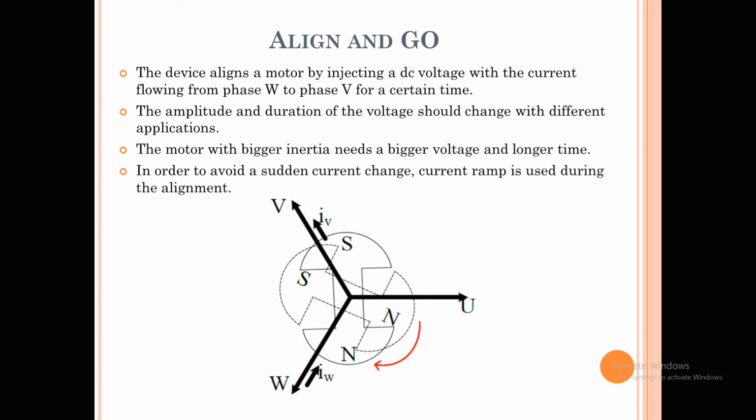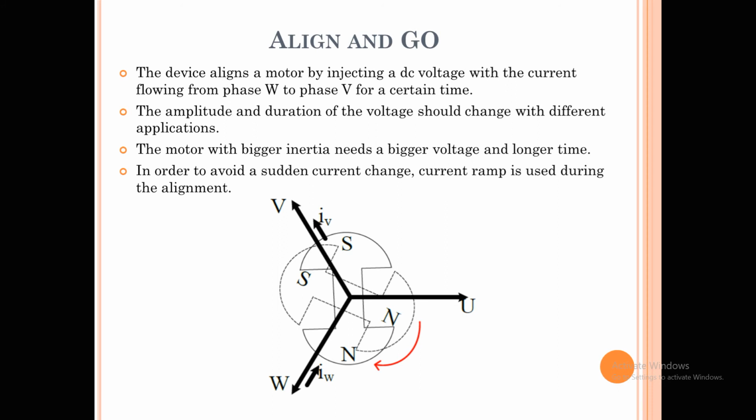If your motor inertia is very high, or you can say your motor blade and body are very heavy, then you need to select a higher voltage and a longer time duration. If your motor has lesser inertia, then you select a lesser voltage and a shorter time duration.